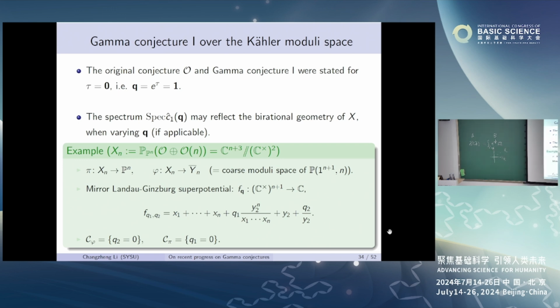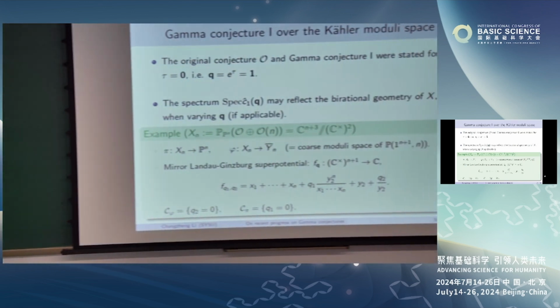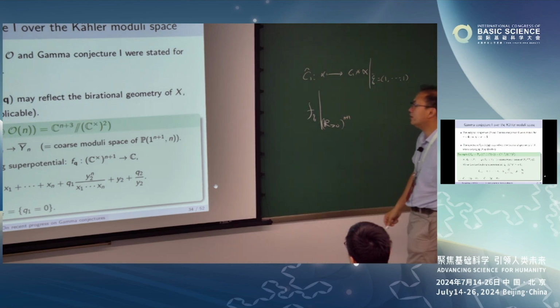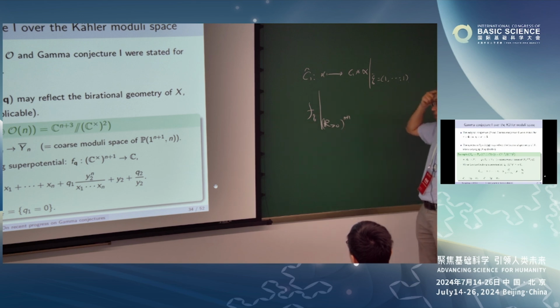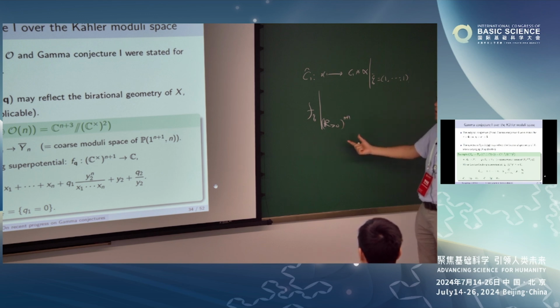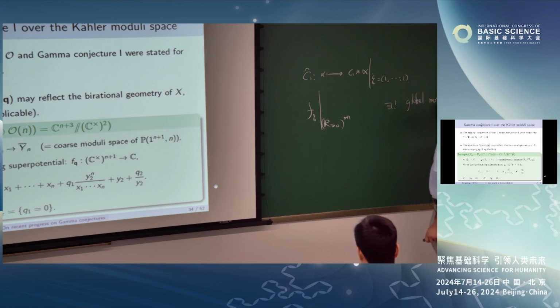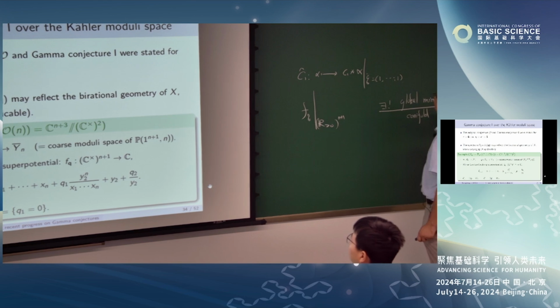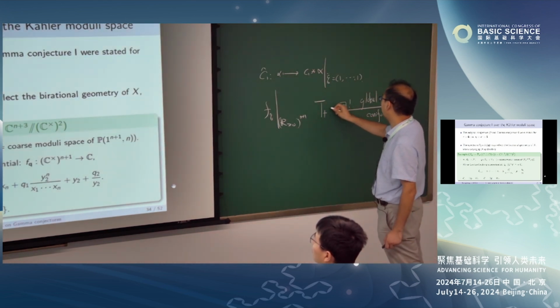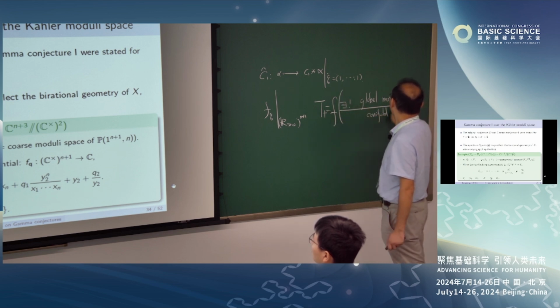Then this function can be restricted to the positive part of (C star)^(n+1). If we restrict this function to the positive part, this is a real smooth function, and it has a unique global minimum. So this is a conical point. And T plus is f of this point.